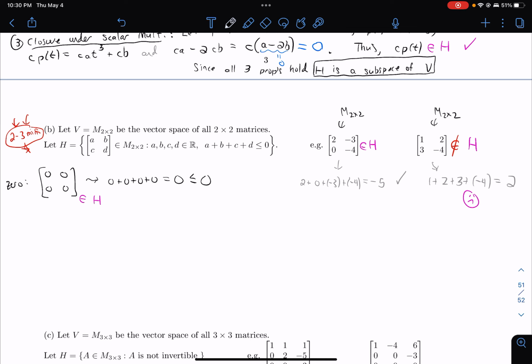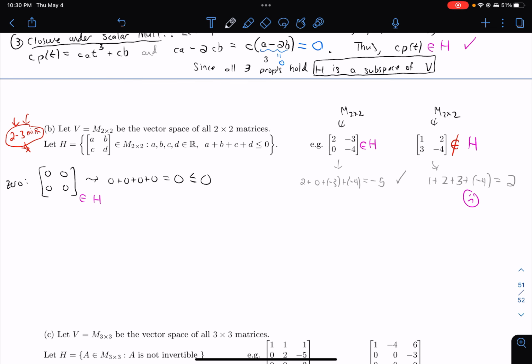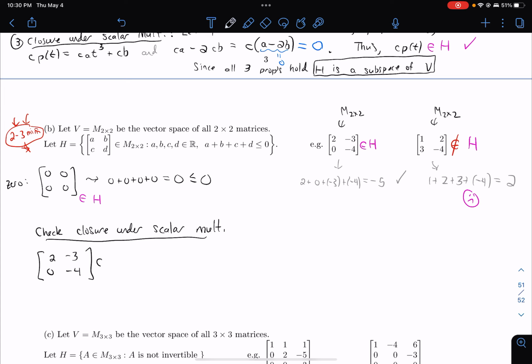It turns out we can try to find a problem with closure under scalar multiplication. So let's check closure under scalar multiplication. If I take an example of something that's in H, notice that the matrix 2, -3, 0, -4 is in H. We already explained why up here, so I won't do that again.